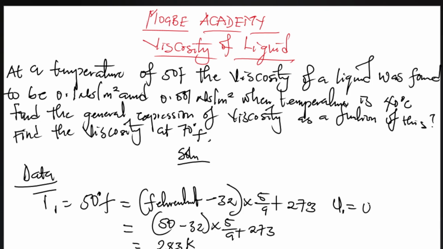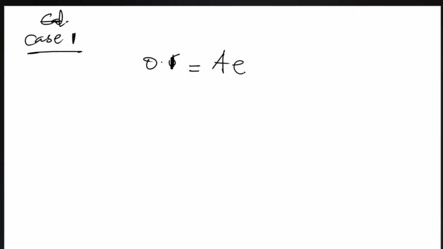That's telling you, for your case 1, you simply have a given equation: 0.1 will be equal to a exponential raised to the power of B divided by your temperature, 283 Kelvin.